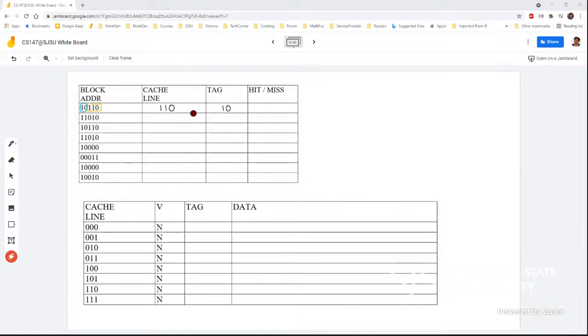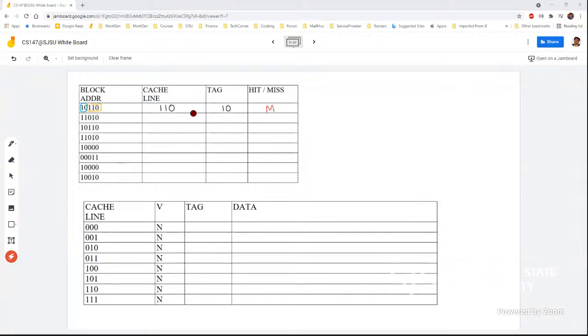Now we go and look in cache line 110. We see that there is a valid bit which says no. That means there is no data yet, so it is a miss.